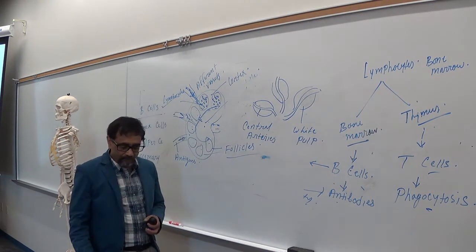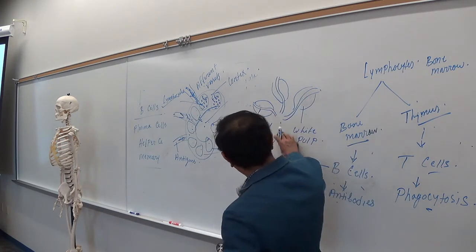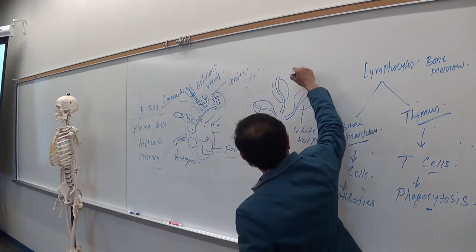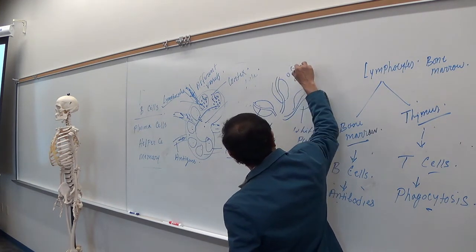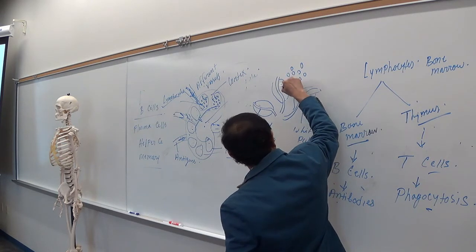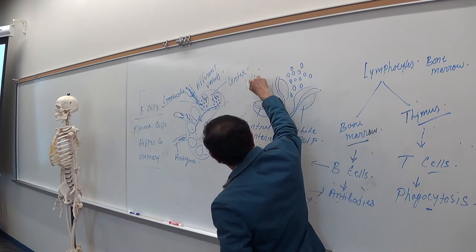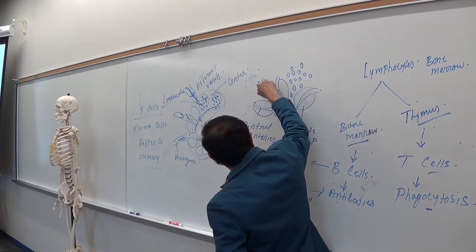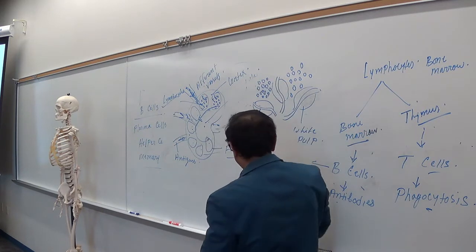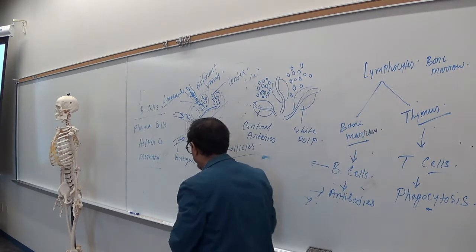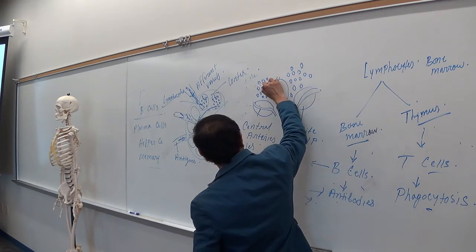Now, in some areas inside the spleen, you have sinuses. Sinuses are the cavities. So these are the sinuses, and these sinuses get filled with blood. So these are venous sinuses filled with blood.